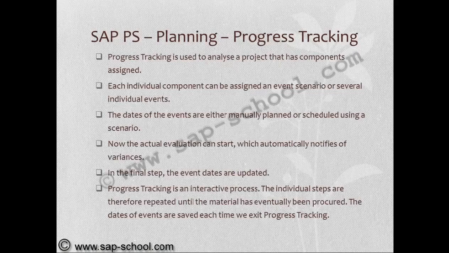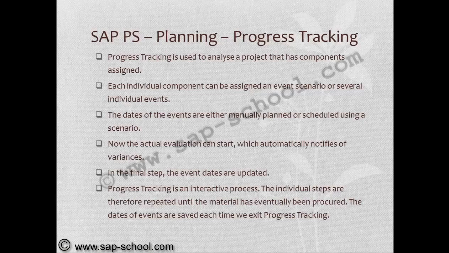Progress tracking is used to analyze a project that has components assigned. Each individual component can be assigned an event scenario or several individual events. The dates of the events are either manually planned or scheduled using a scenario. Now the actual evaluation can start, which automatically notifies of variances.